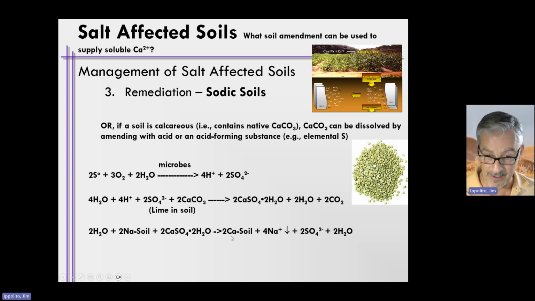So now you have calcium on the exchange sites, free sodium in the soil solution, and this down arrow means we leach this out of the soil, just like this picture up here. And that's how you would remediate a sodic soil if you had good quality irrigation water and either no calcium carbonate source or calcium carbonate source in the soil.